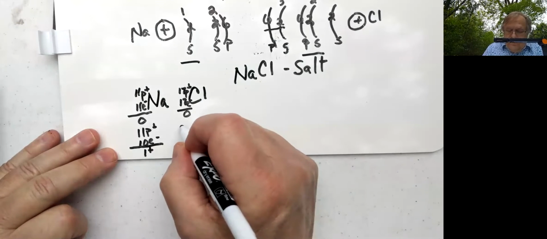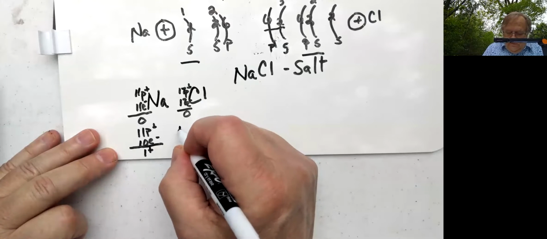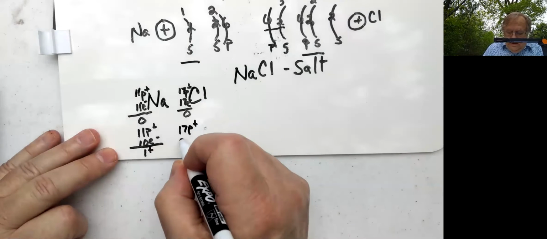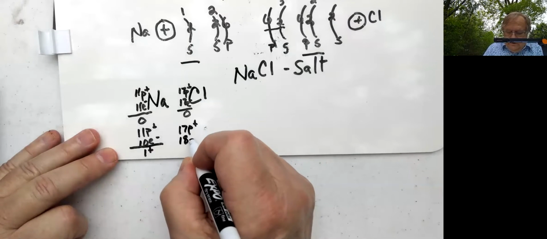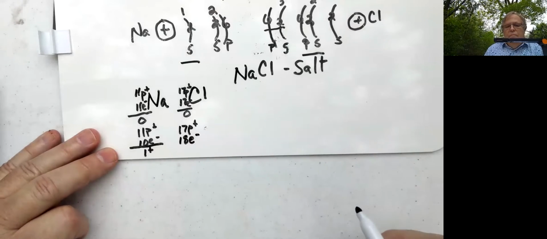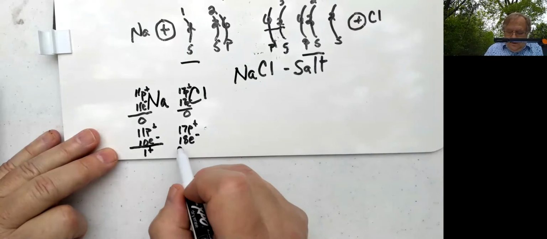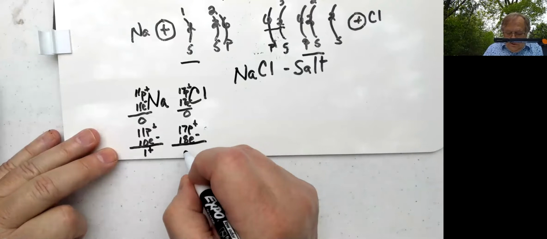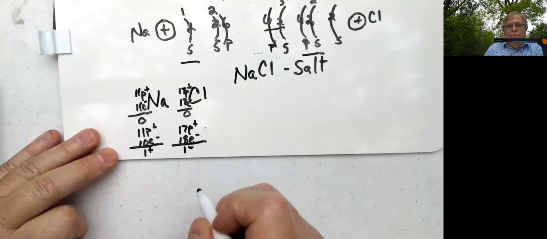But after chlorine picks up an electron, we have 17 protons and 18 electrons. And numerically and electrically, that adds up to negative 1.